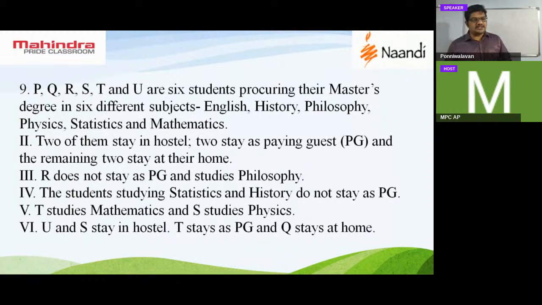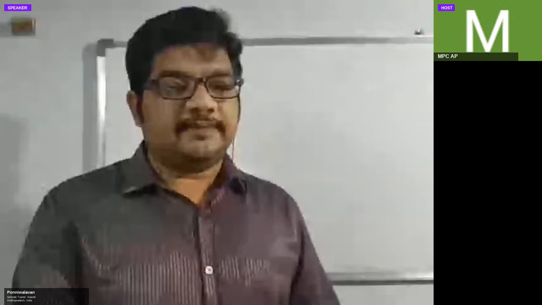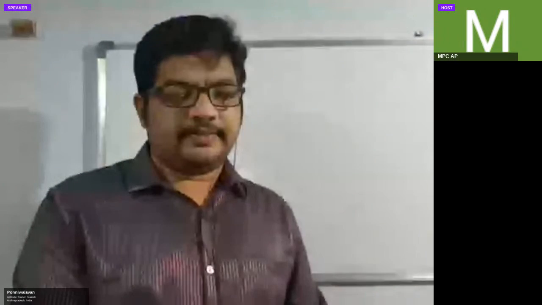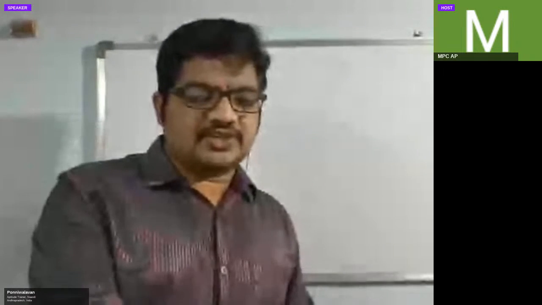Point number 2 clearly says 2 of them stay in hostel, 2 stay as paying guests and the remaining 2 stay at their home. So in how many different places are they staying? 3 different places. In each place how many members are staying? In each place 2 members are staying.